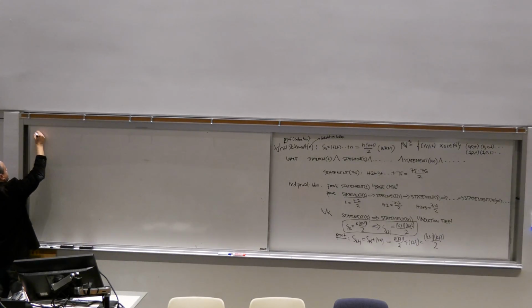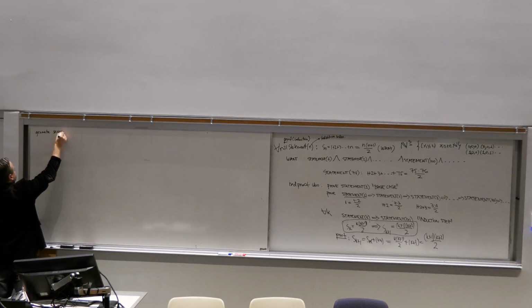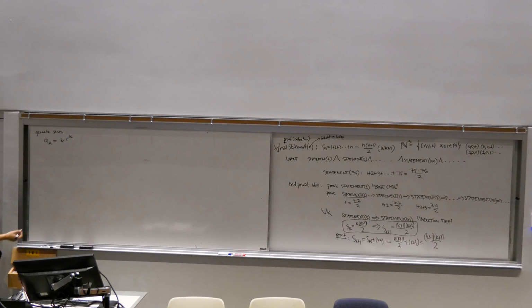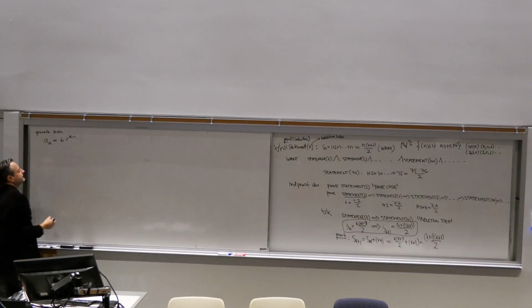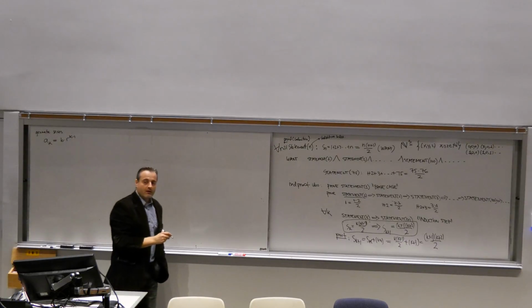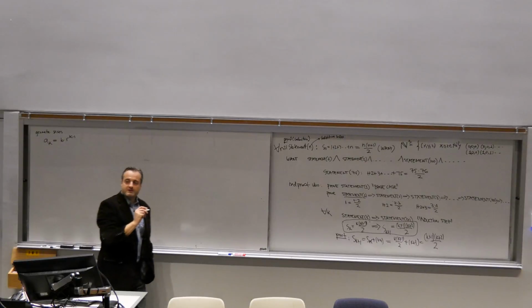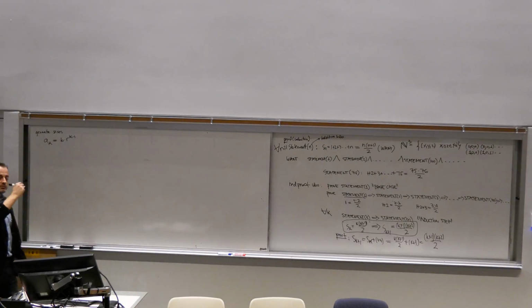For the geometric series, the general form is a_k is, I think, b times r to the k, or k minus 1. If you remember, the ones that we had before all have this property. They start at b and they multiply by r.